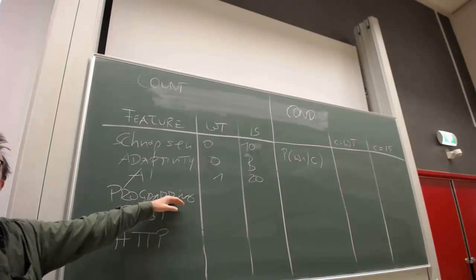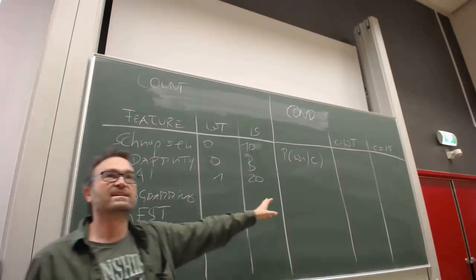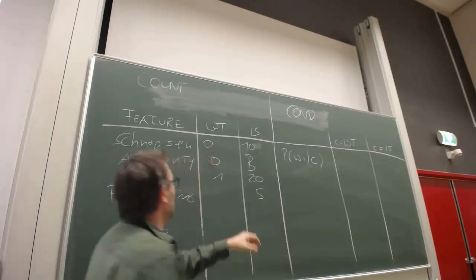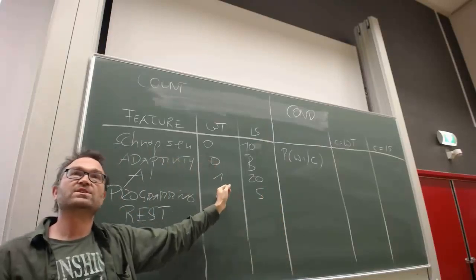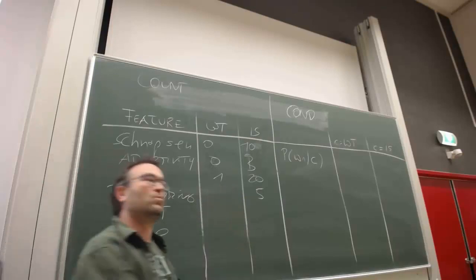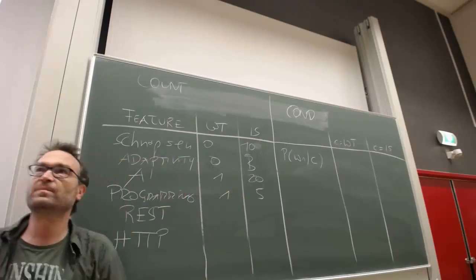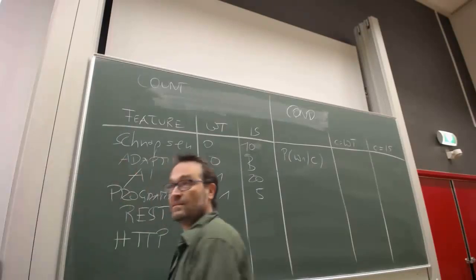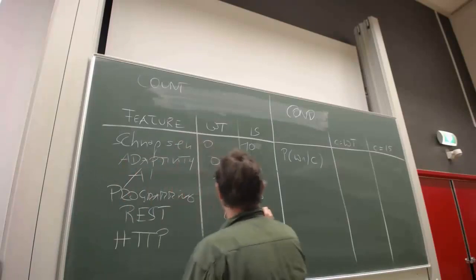Who thought about programming for intelligent systems? 5. Who thought about programming in web technology? 1. Really? Who thought about REST in web technology and AI? You don't count, unfortunately.